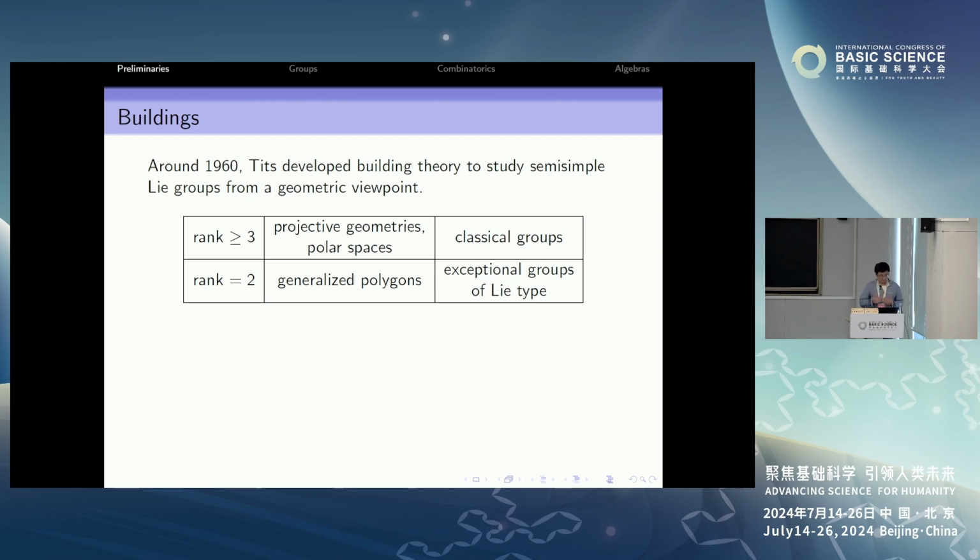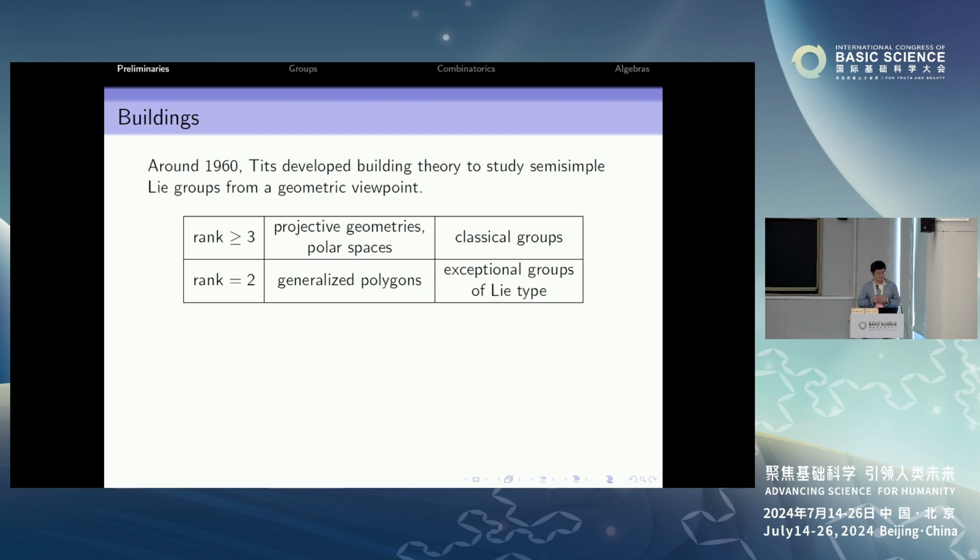Spherical buildings of rank at least 3 were classified as projective geometries and polar spaces, and their automorphism groups are the classical groups. The middle column is the geometry, and the last column is the group.